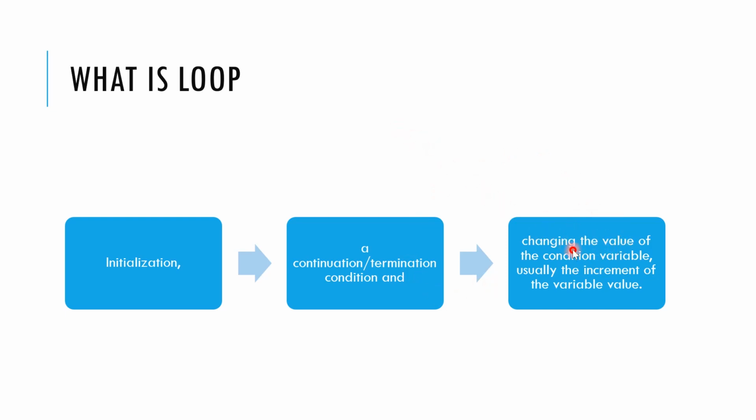Usually in a while loop we change the value of the condition inside the block of code, inside the braces below the while loop. But in a for loop all these three things happen at once in one line. These are three different statements, but they happen at once in one line, and there is no need for changing the value of the condition inside the block.